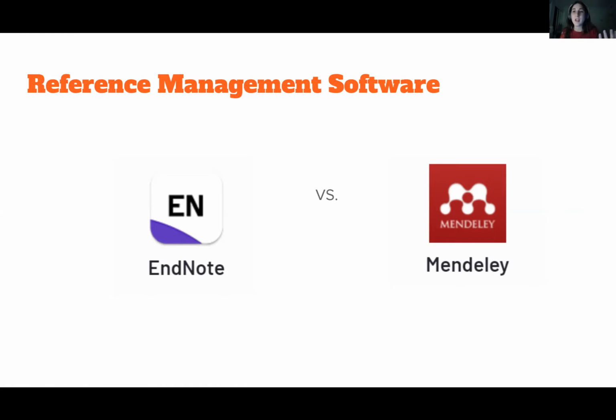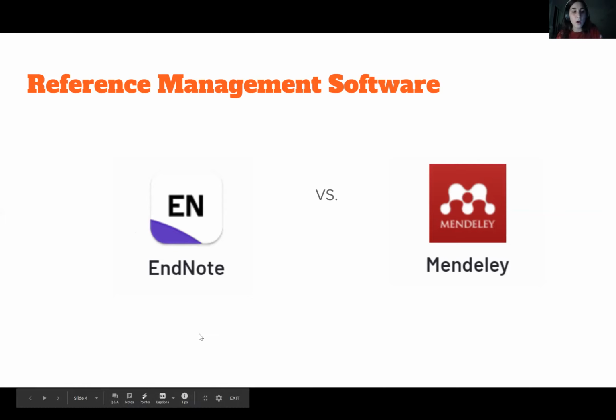The only thing people say, people that do a lot of systematic reviews, is that EndNote is better, and that both of these softwares have extensions that you can add on Word for typing it. And I believe that the Mendeley extension is not as good as the EndNote. So those are some of the critiques for them.